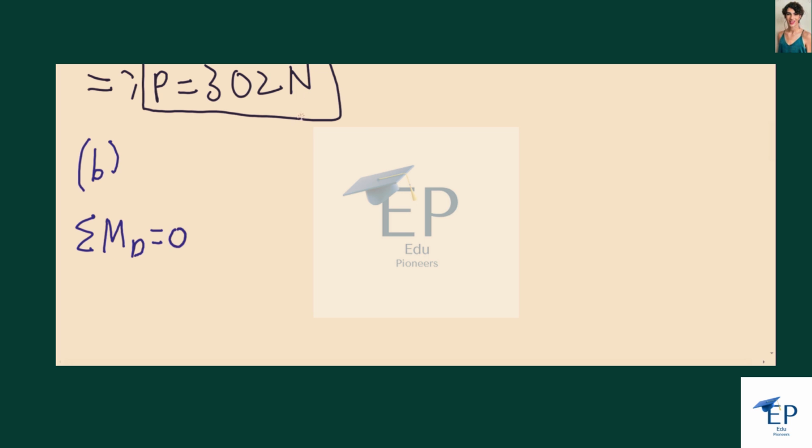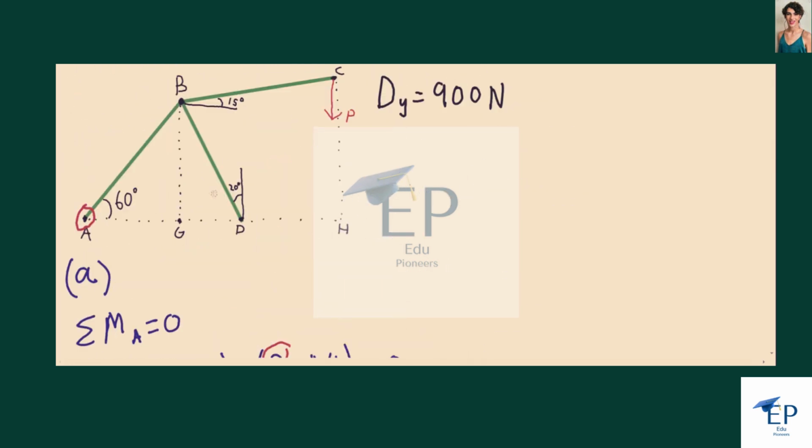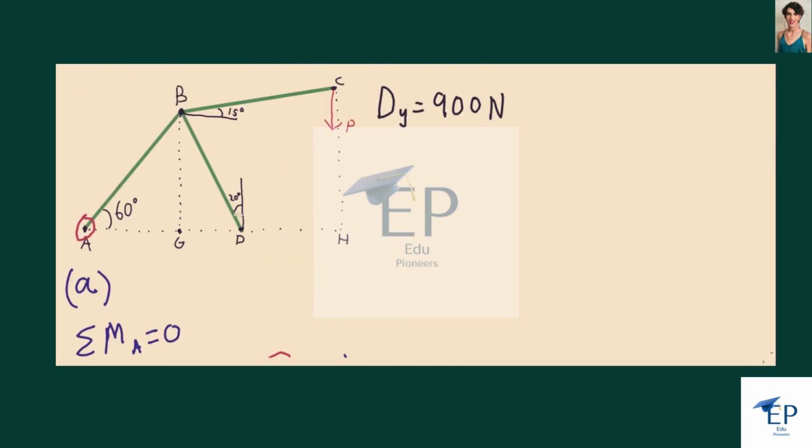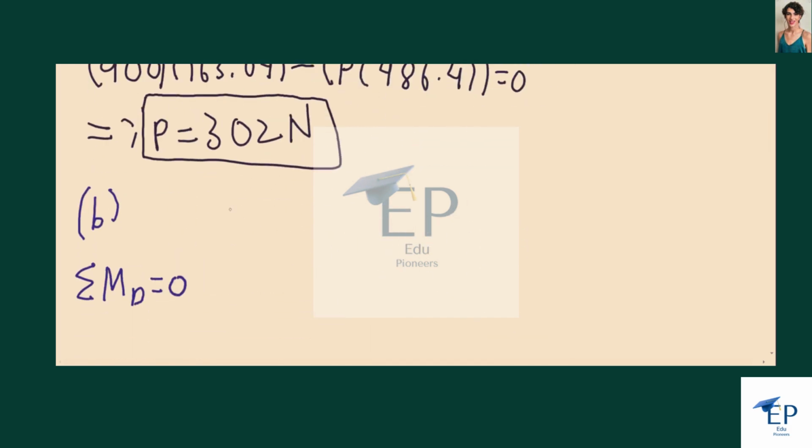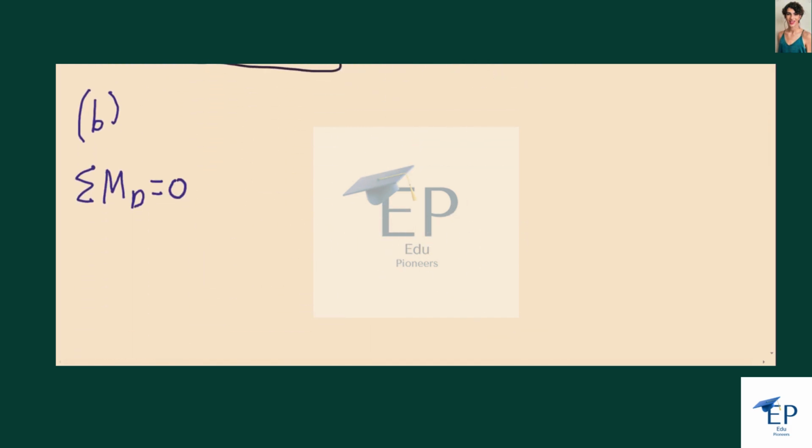After that point at D has been lifted up, we can assume that it will be in equilibrium. So we can say the sum of all moments at D is equal to 0.